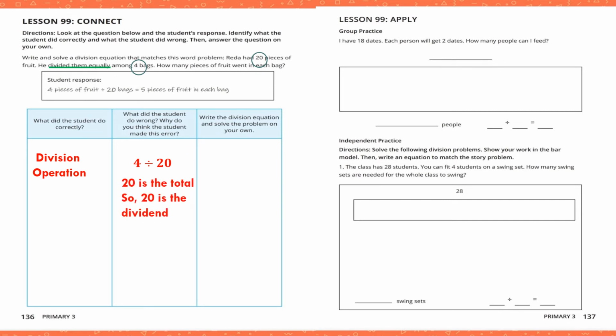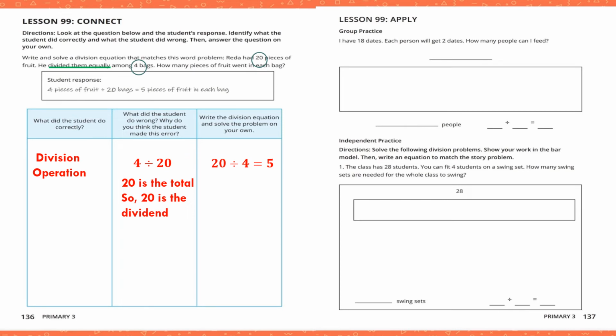We must write the dividend first. He needs to divide 20 between 4 bags, so 20 is the dividend. The correct answer will be 20 divided by 4 equals 5. 5 pieces of fruit in each bag.